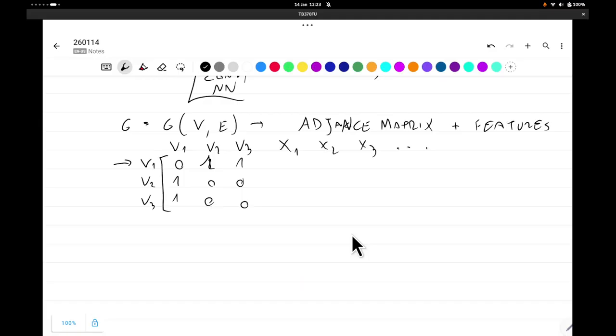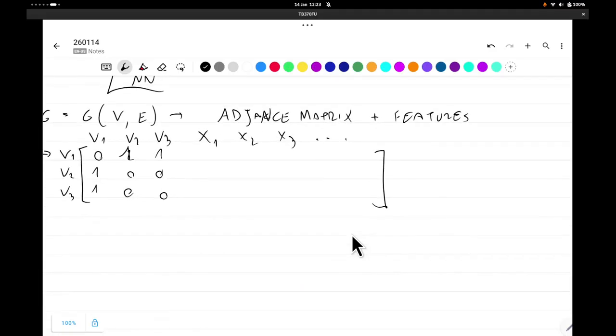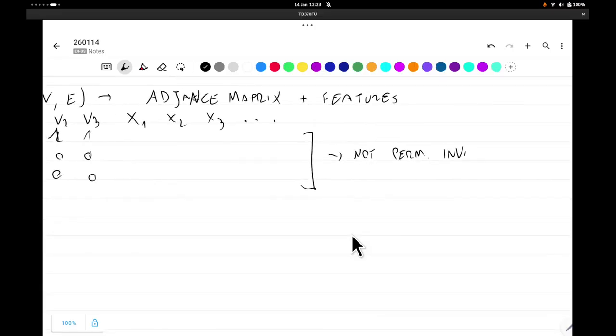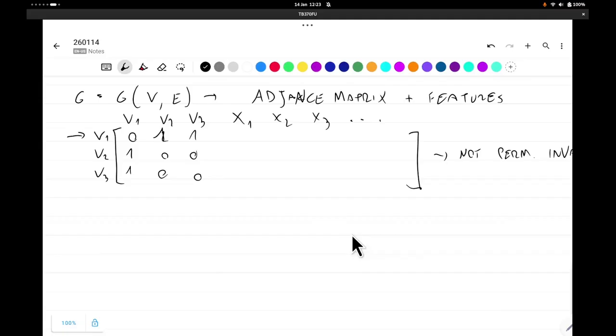This here would be a representation of the overall graph, and the first thing that should come to mind is that this representation is not very convenient because it is not permutation invariant with respect to the labeling of the vertices, right?